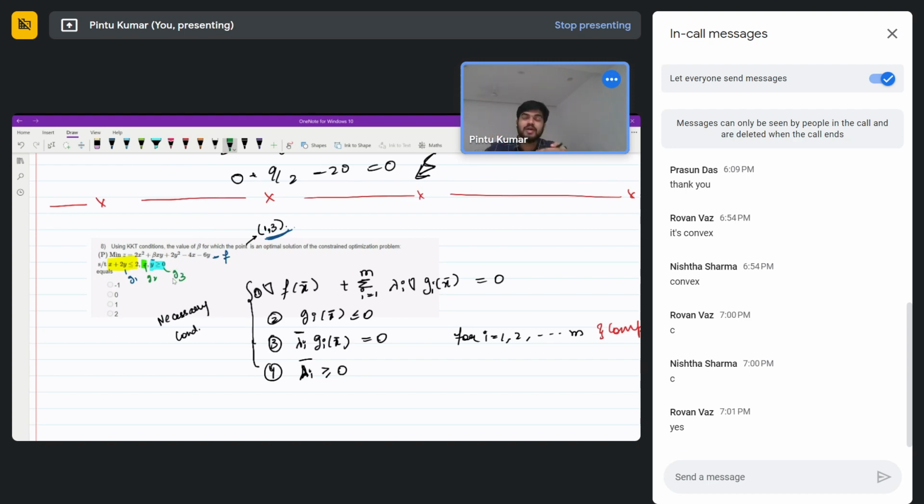Just attempt this question, so that if you solve it, you will gain more confidence in solving similar questions. I can solve this straight away, but then it won't be very beneficial for you.